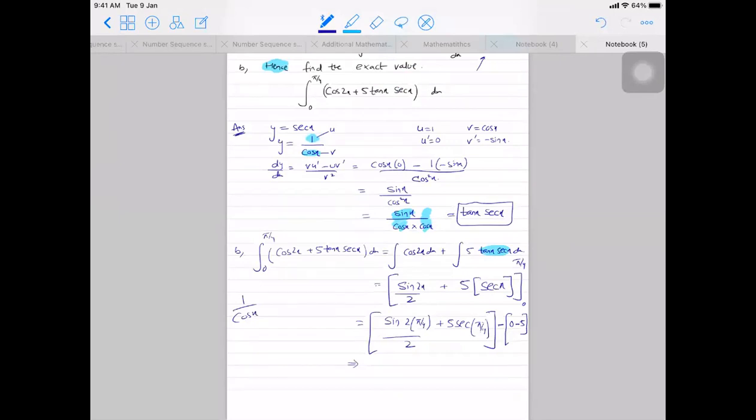Sine of 2 pi upon 4 is same as saying sine of pi by 2. And sine of pi by 2 is same as sine of 90, which is 1. So 1 upon 2. Secant pi by 4 is same as saying 1 upon cos pi by 4. Now here you can use the calculator if you want. 1 upon cos pi by 4 is going to come out as root 2. So this comes out to be 5 root 2.